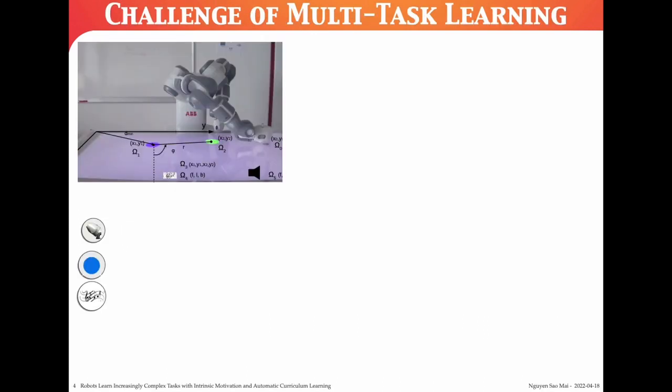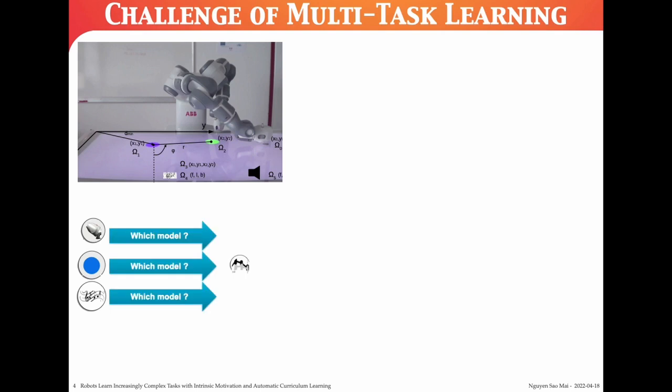The challenge of multitask learning is that we try to learn the inverse model, so how we can control different features from the environment into joint angles to control the arm position. So mainly we are learning the mapping between the task space and the action space. In our case, the task space as a whole is a composite space, a union of different subtask spaces with different dimensionalities and properties.